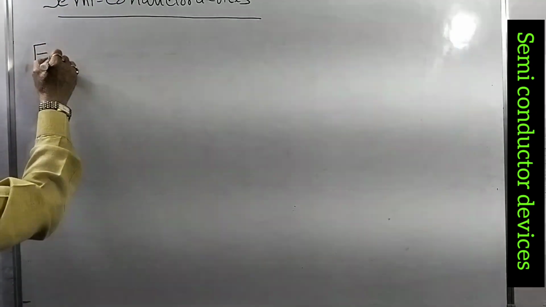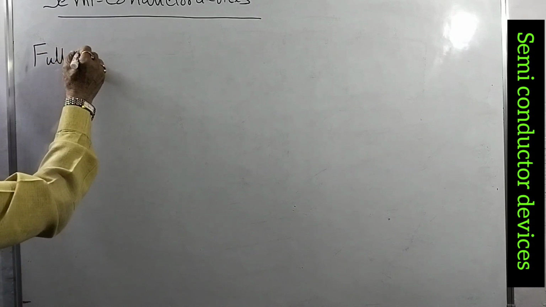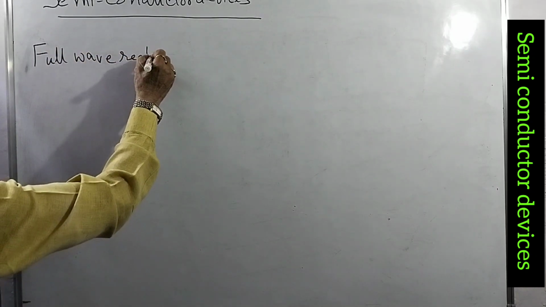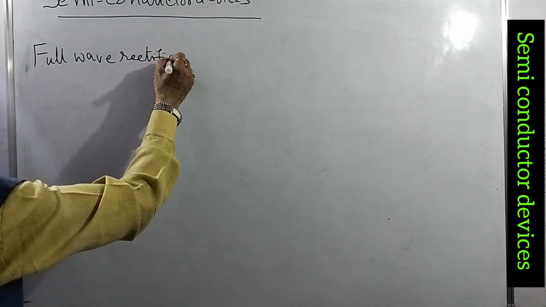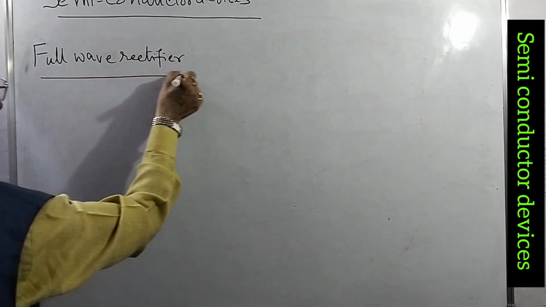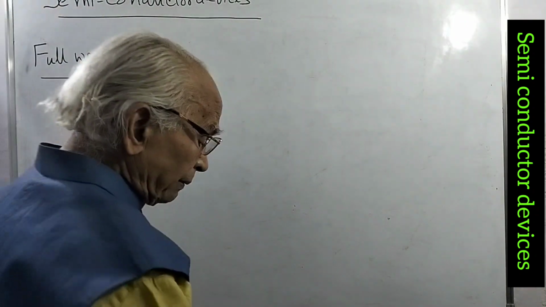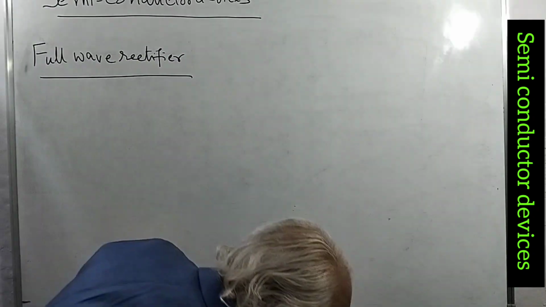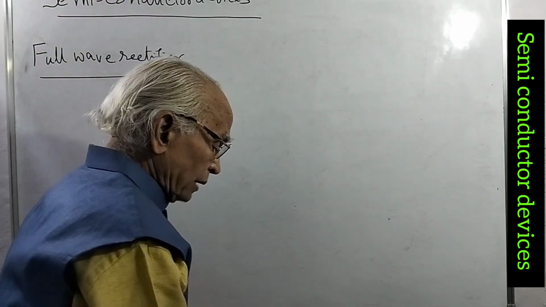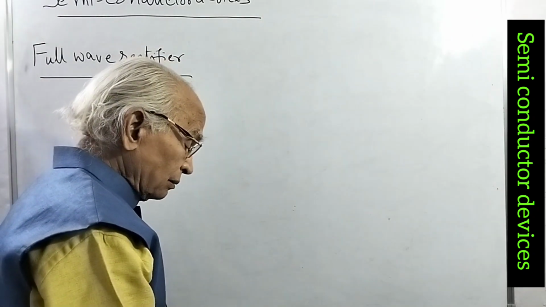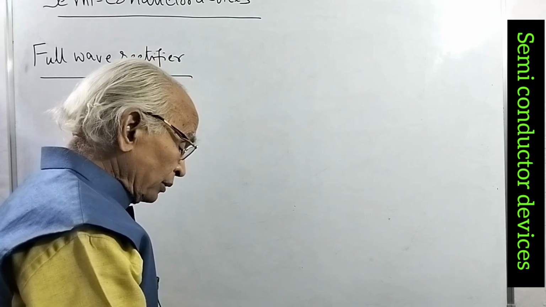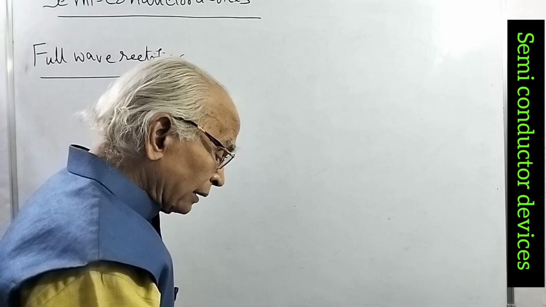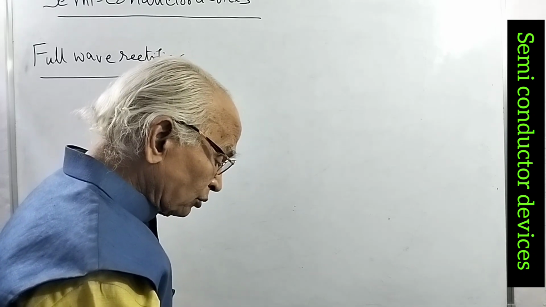Full wave rectifier means that when we connect AC to the diodes, we get current or voltage drop at the resistance for the total AC, positive and negative also.